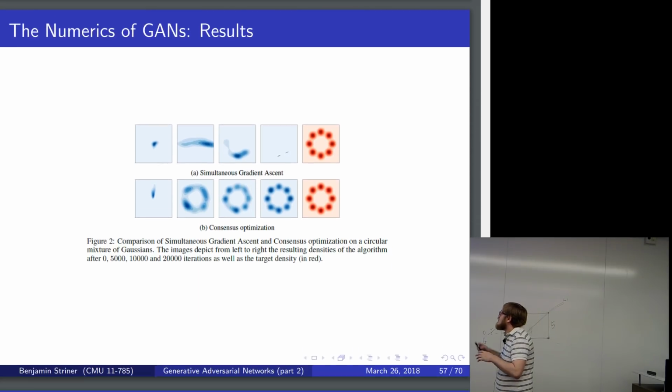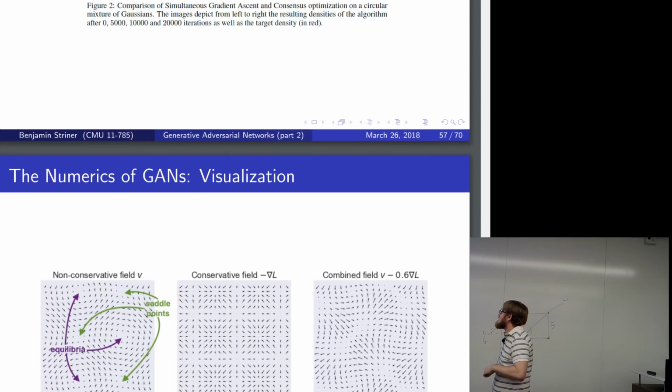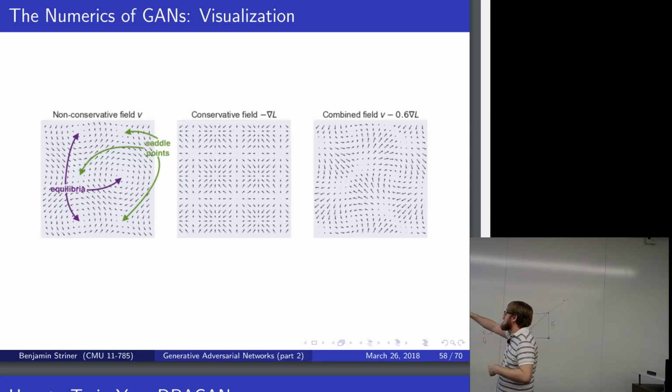So what this shows on the left is here's a field that has some equilibrium points, but it also has some saddle points. But you see, you're not necessarily guaranteed to go towards the equilibrium points. Then we create another field, which is just like arrows pointing towards all the equilibrium points.